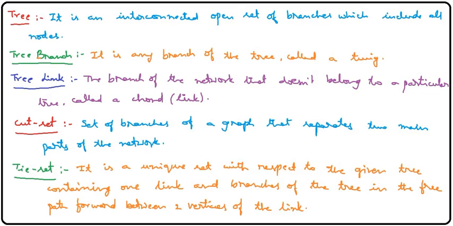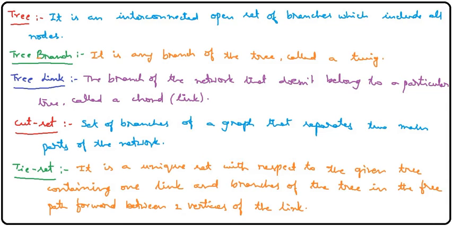Next we need to discuss tree. What is meant by a tree? A tree is an interconnected open set of branches which includes all nodes. If a graph has been given to us, you need to identify the nodes and the branches.